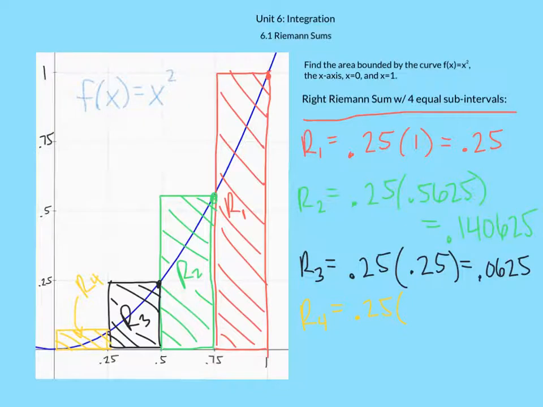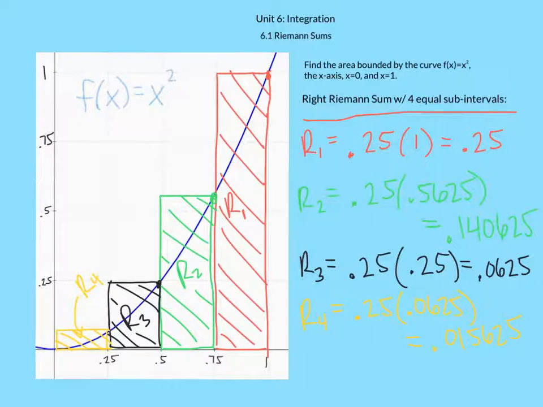Again, because our height is the y value here on our function, determined by plugging in 0.25. So we can square 0.25. And we get 0.0625 for the height. When we multiply those together, we get 0.015625.